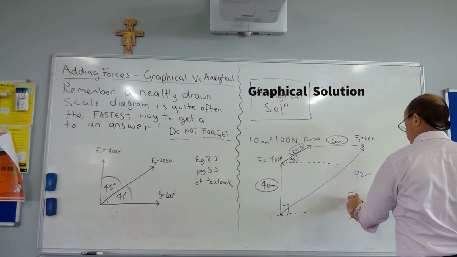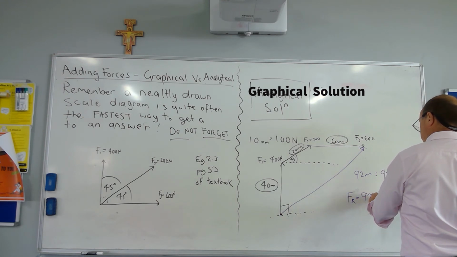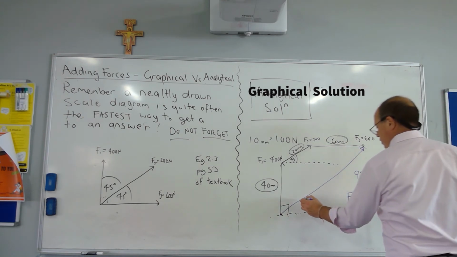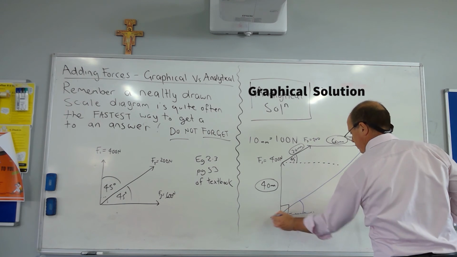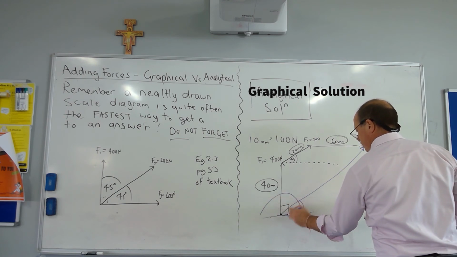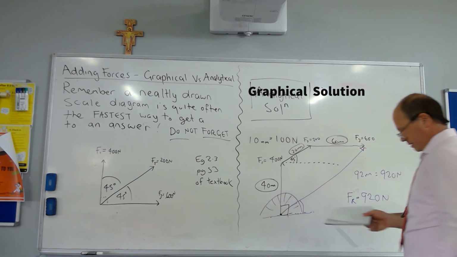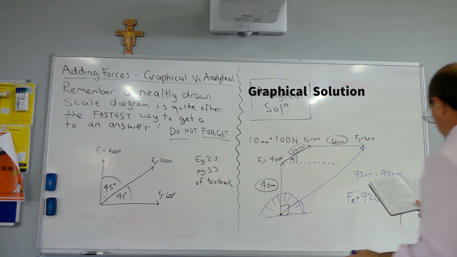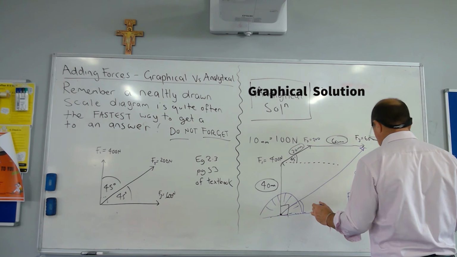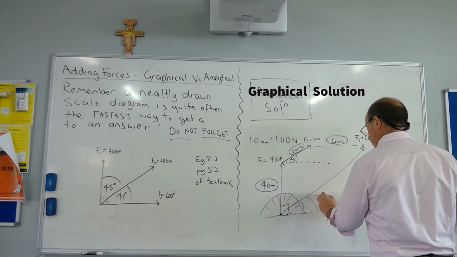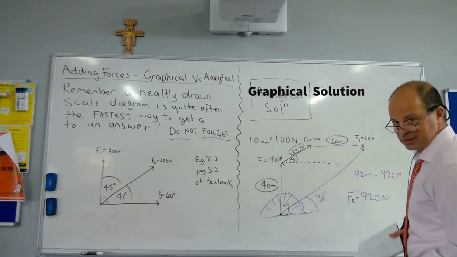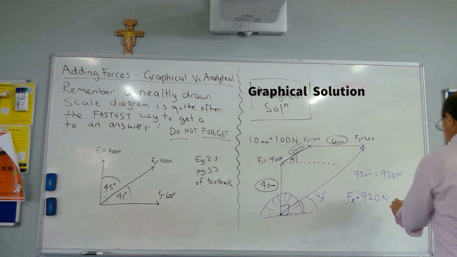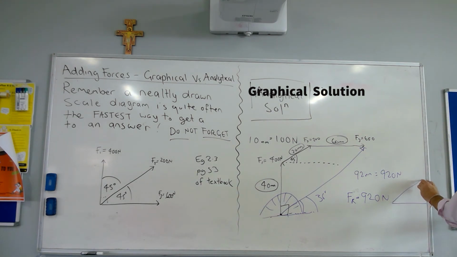So the force resultant equals 920 newtons, and we get our protractor out, and we physically measure that angle, and we end up with 36 degrees. So we draw a line like that, and we go 36 degrees.